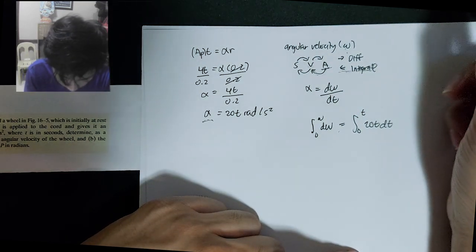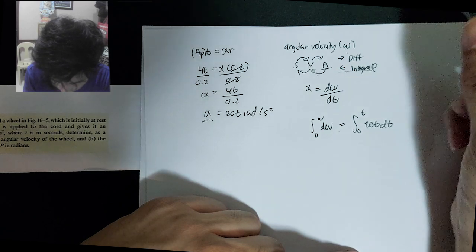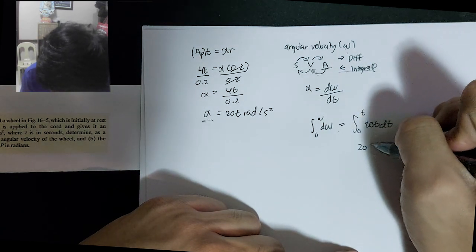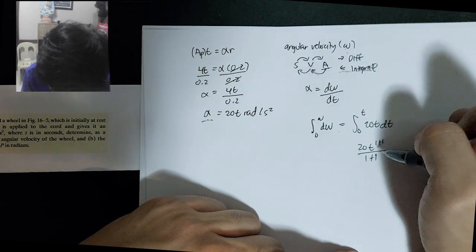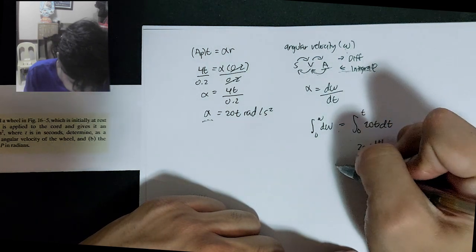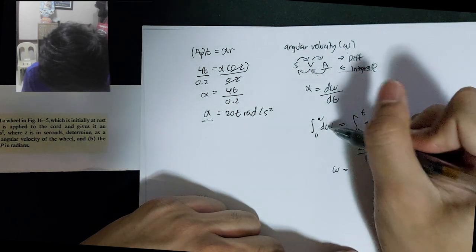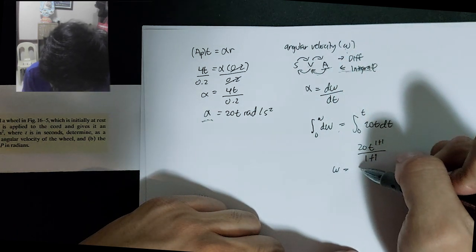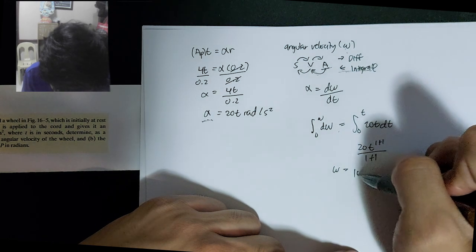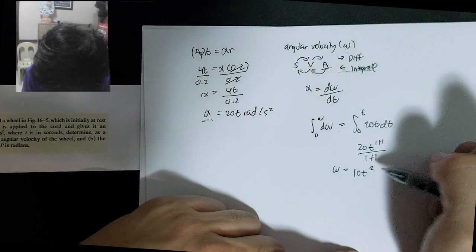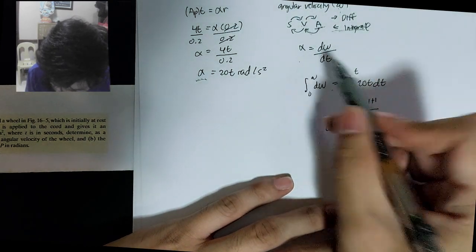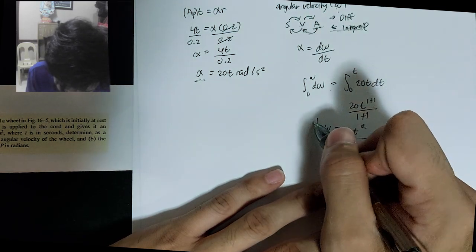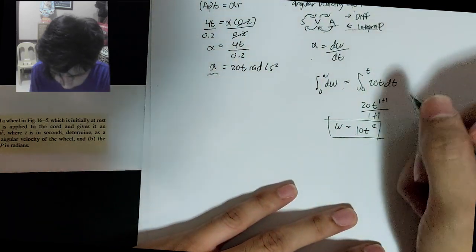The integral of 20t: the exponent 1 plus 1 becomes 2, and we divide by 2, so integrating gives omega equals 10t squared. So after we integrate the acceleration, we got the velocity.